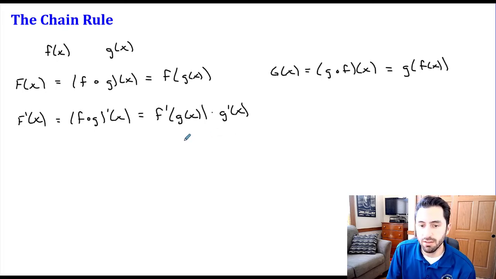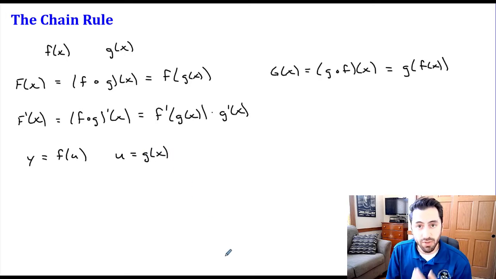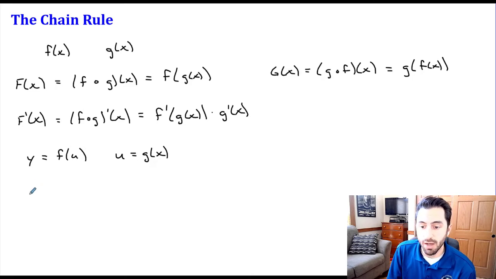I can rewrite this in some other notation. In Leibniz notation, we normally start off with y is equal to f of u, and then we also say let u equal g of x. Same thing, just represented a little bit differently. So here g of x goes inside f of x, and that defines my function y.